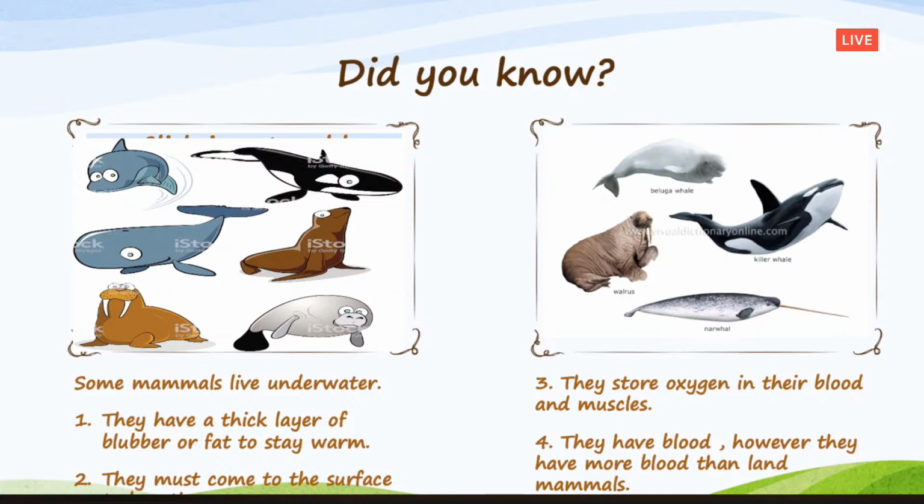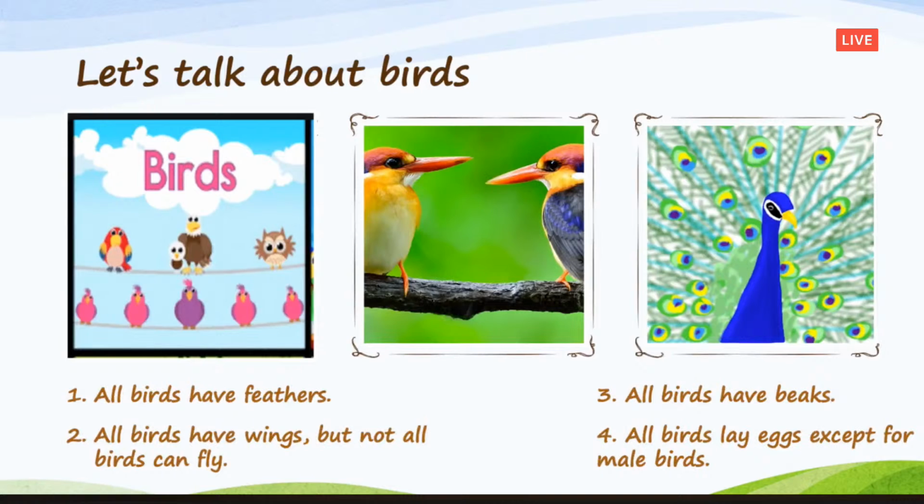They store their oxygen in their blood and in their muscles. Yes, they have blood. You are a mammal, you have blood, so they have blood too. They have more blood than those mammals that live on land. So they probably have more blood than you. Next slide.